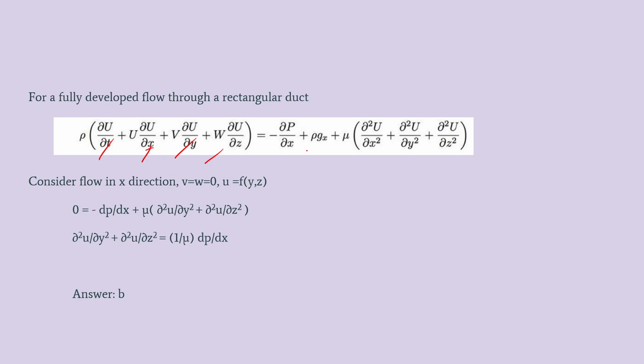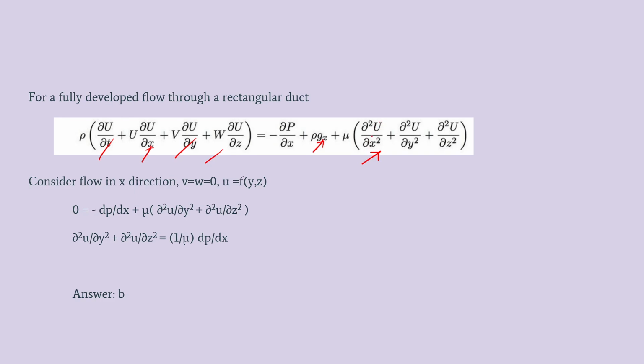And also if we neglect the body force term, the only terms existing will be minus dou p by dou x plus mu into dou square u by dou x square plus dou square u by dou y square plus dou square u by dou z square. Again the first term will be 0 because dou u by dou x is not there.